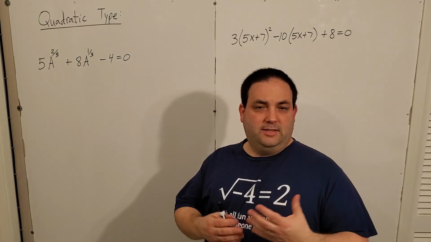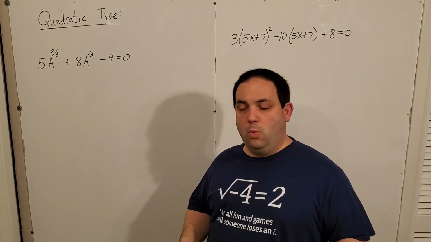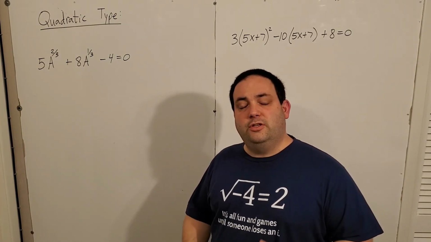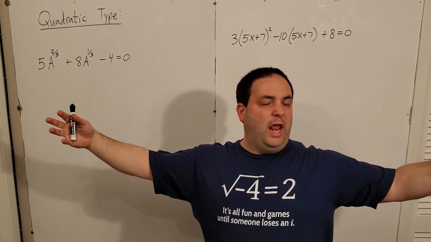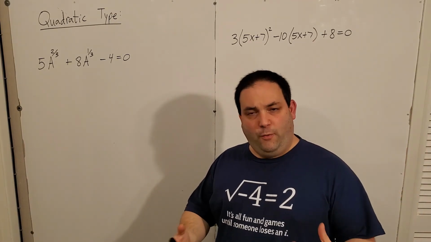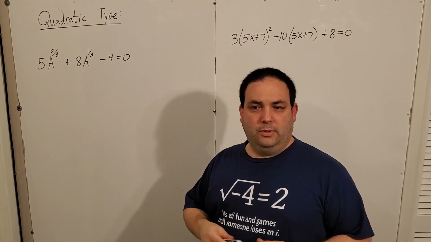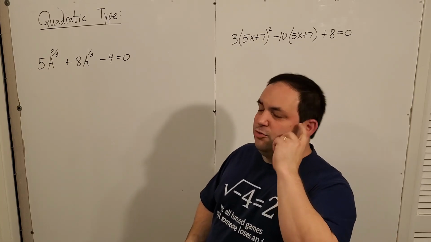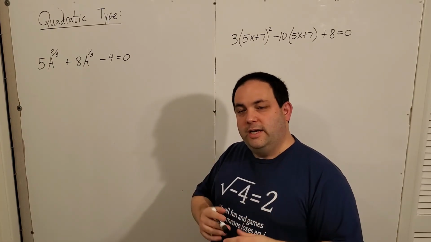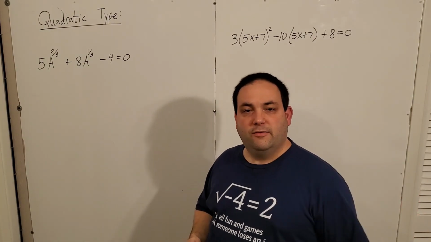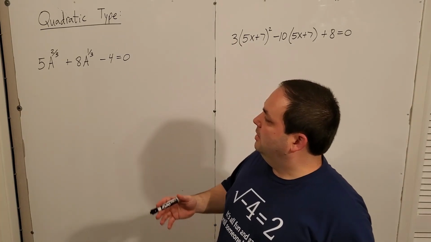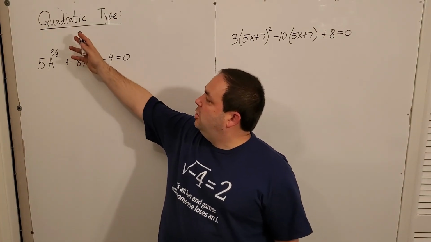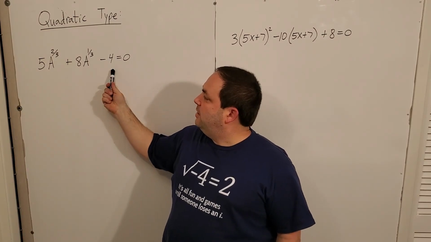Let's finish up this lecture with these last two examples that I want to throw at you, just so that you can see that it really does spread out to all different formats with this quadratic type. Okay? Now, of course, these may not come up that often, but I need to really drive home to you how this quadratic type is useful across many different structures. Okay? So notice, again, I've got a quadratic type because it's the three terms, right?